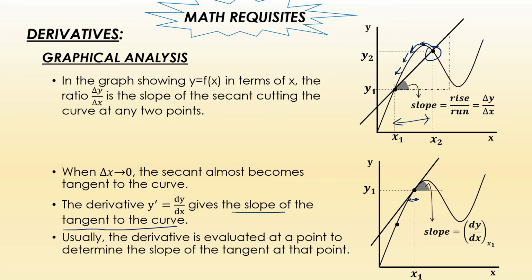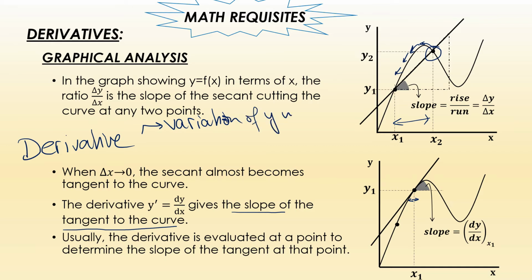Usually the derivative is evaluated at a point to determine the slope of the tangent at that particular point. So in brief, a derivative shows the variation of y with respect to x. Let's write it here. So the derivative is the variation of y with respect to x, or simply the slope of the tangent to the curve y equals f of x.